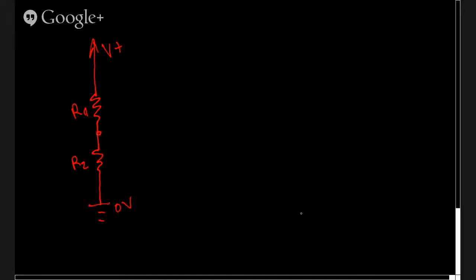If we had to measure the voltage here, I'm not sure what it would be, because it depends on these two values here. So we've got a positive voltage reference, and let me go back to my notes.